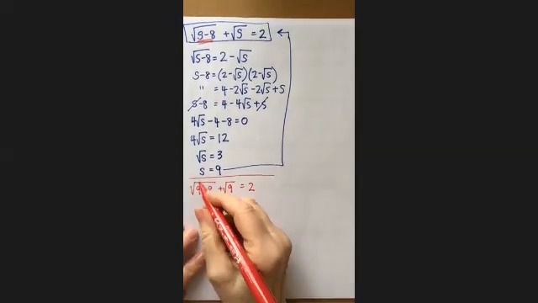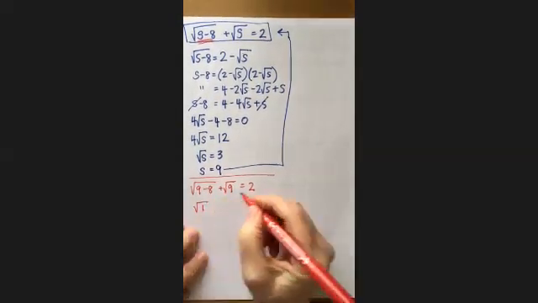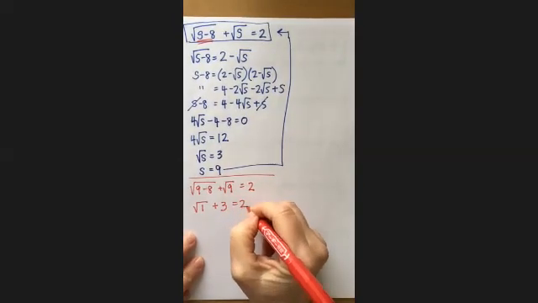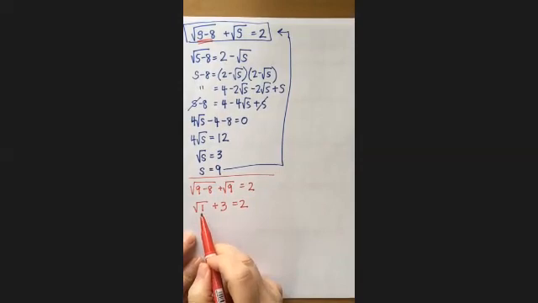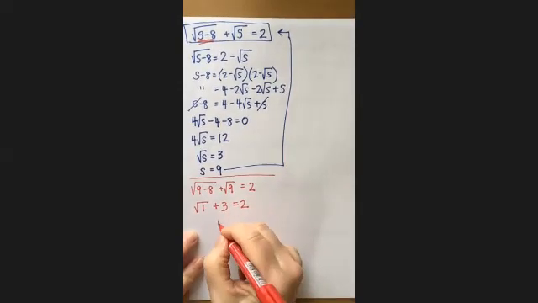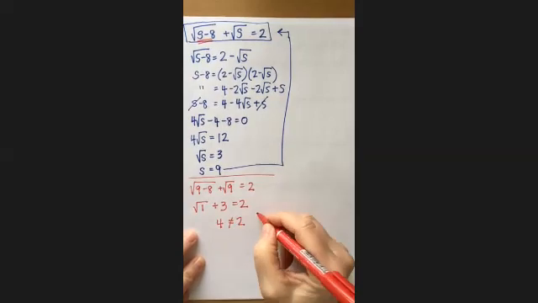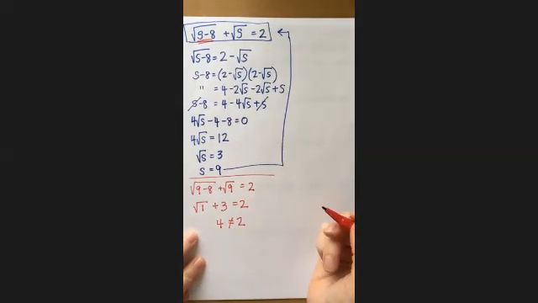Okay, so the square root of 9 minus 8 is the square root of 1, and the square root of 9 is 3, equals 2. Well, square root of 1 is 1, and 1 and 3 is 4, and sorry, it doesn't equal 2.